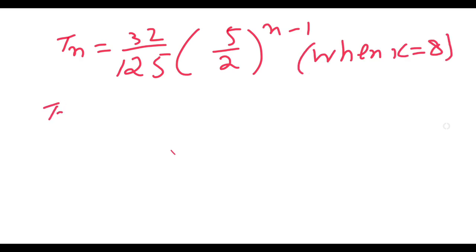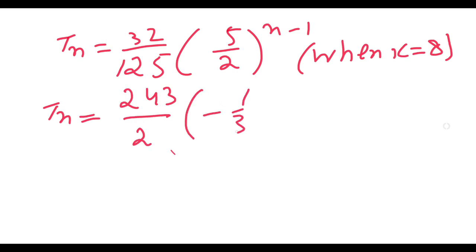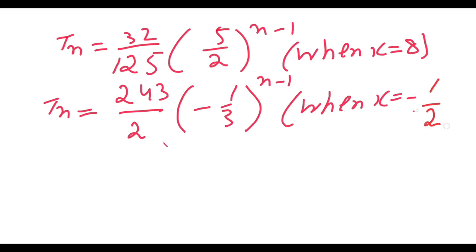Then I got second one, Tn is equal to 243 over 2 multiply negative 1 over 3 power n minus 1 when x is equal to negative 1 over 2. So we got two general term. Now I can find the sequence.